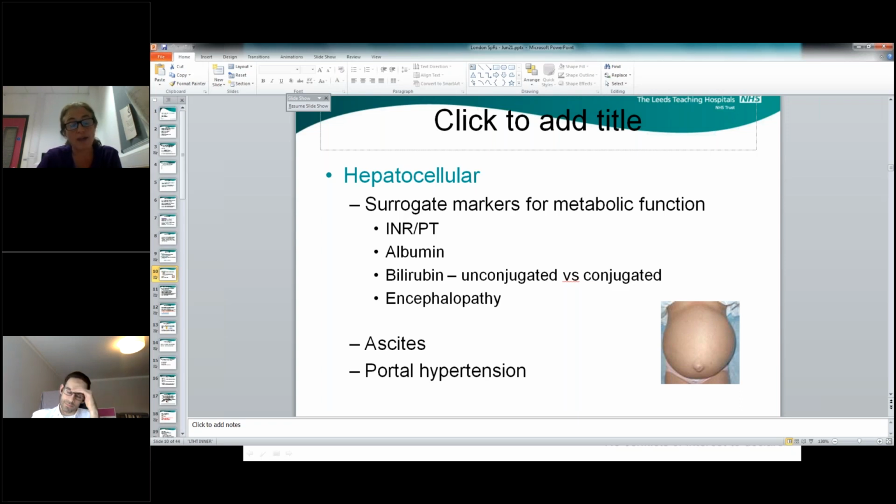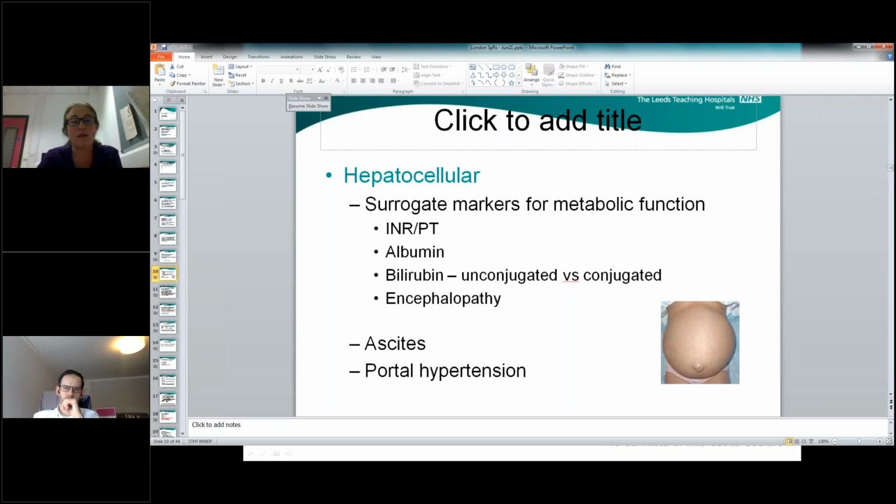If you're encephalopathic, that probably means that you're not metabolizing some of the other toxins that your liver is involved with getting rid of, and that's leading to encephalopathy. And so if you're not metabolizing other toxins, then you're probably going to struggle to metabolize drugs. So encephalopathy is a good marker of when there's hepatocellular failure.